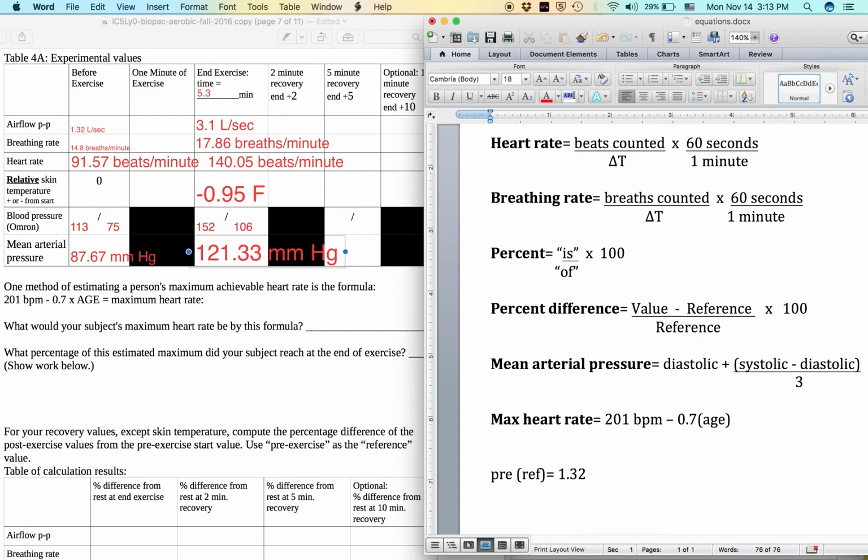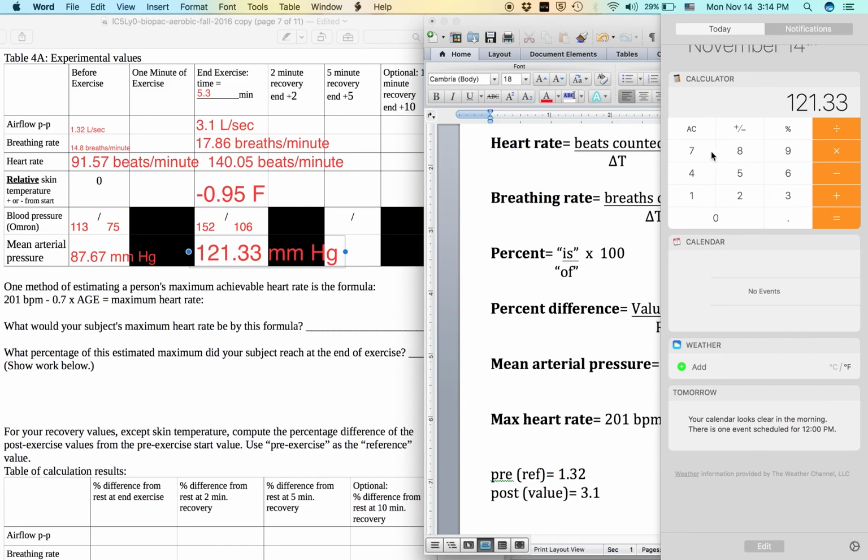1.32 liters per second. And then our post is our value, and that's going to be 3.1 liters per second. So now if we're going to do this percent difference, we're going to say the value minus the reference divided by the reference.